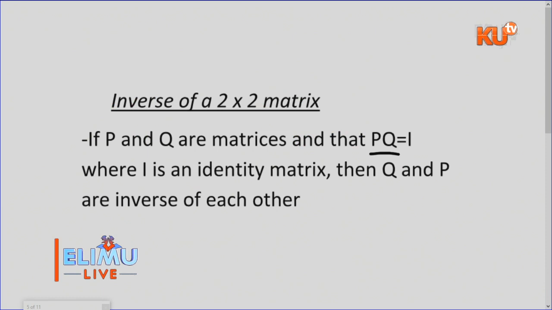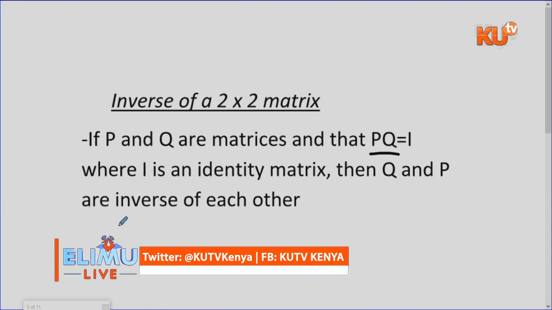If we have a general matrix, we shall use A, B, C, and D. If we are determining the inverse, step 1 is to get the determinant.